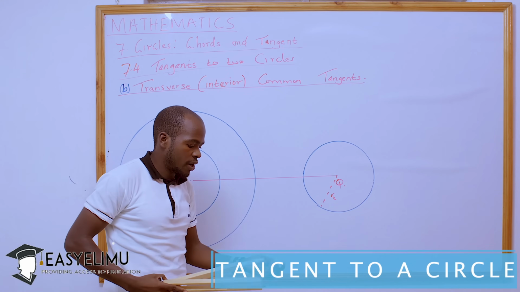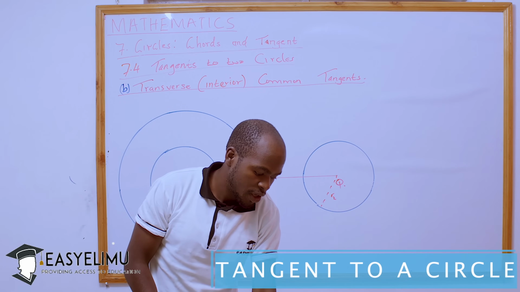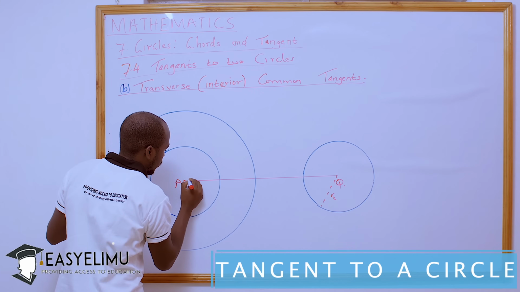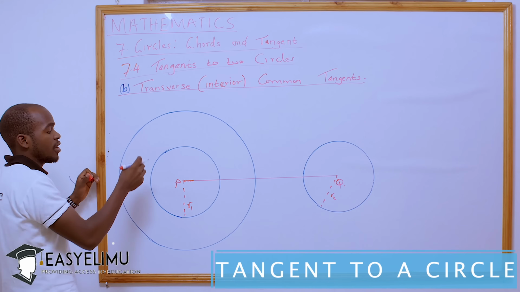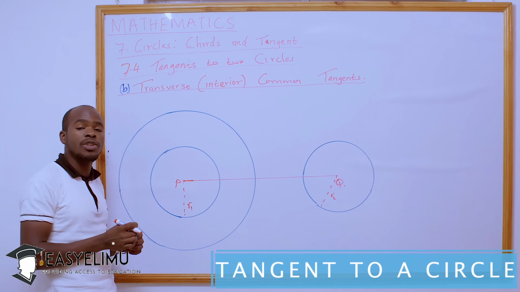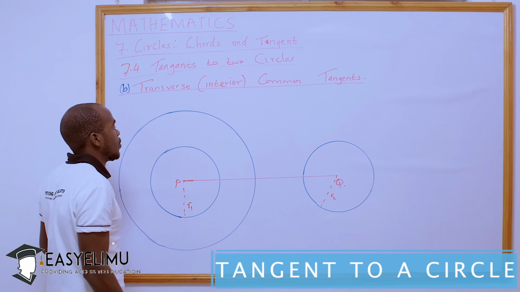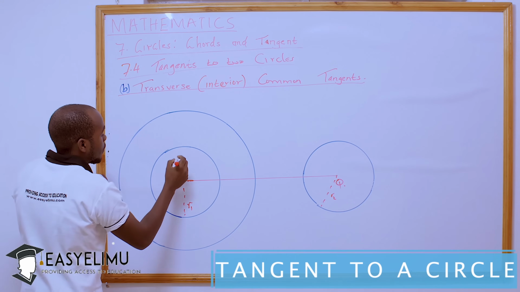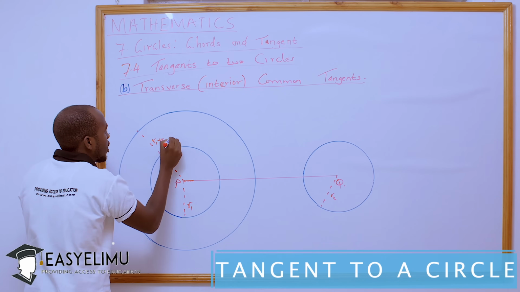We are having a circle of that kind, whereby the new circle formed is of radius R1 plus R2. For my case, the two radii were equal, so R1 and R2 are equal, but in some circumstances you will find R1 is not equal to R2. In order to construct the outside circle, you need R1 plus R2. So the distance from here to the other side will be R1 plus R2.